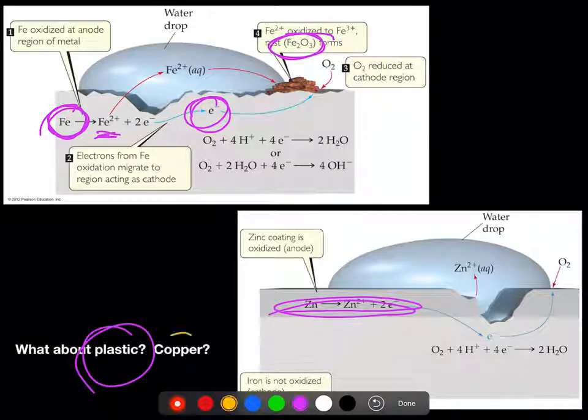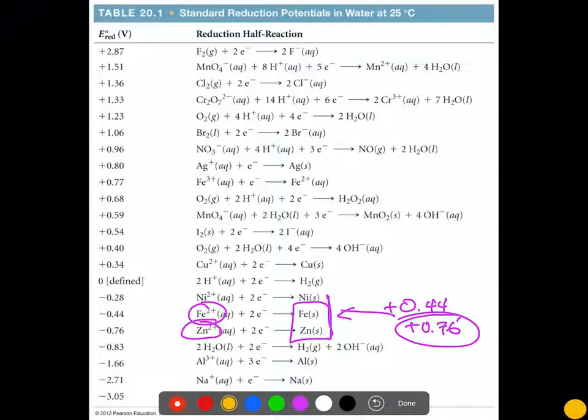What about copper? We use copper for a lot of things that live outside for really, really long periods of time. Why isn't that an issue? If we go back to our table and look for copper, we see that the reduction of copper is spontaneous, which means that the oxidation of copper is, ding, ding, ding, not spontaneous. Copper is not readily oxidized.